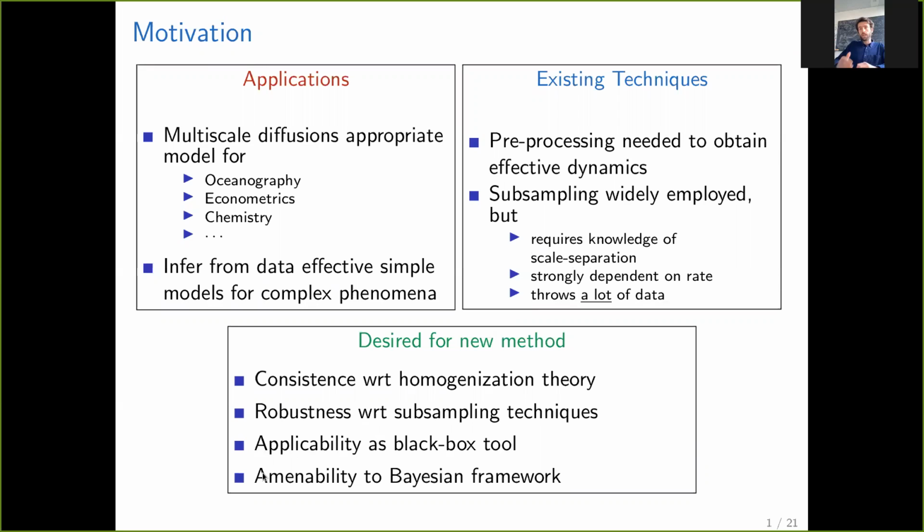So inferring the parameter in a Bayesian way allows to have a full uncertainty quantification over the result, since you don't have just a point as the result of your inference procedure, but you have a whole posterior measure, so you have much more information, for example, concerning the variance of your estimator.